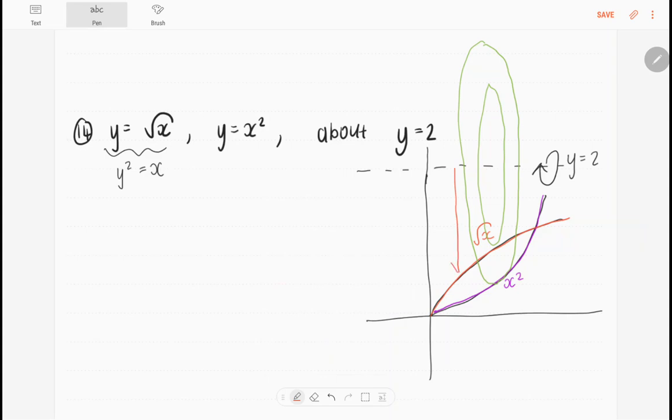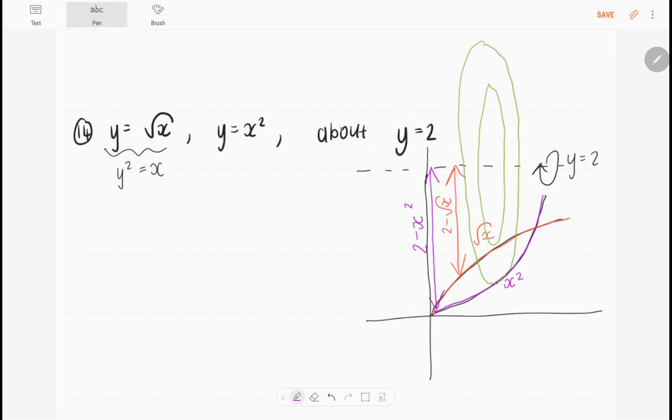This gives us our inside radius. What is that value going to be? Well, that value is going to be 2 minus root x. Then our outside radius is going to be that, and that's going to be 2 minus x squared.